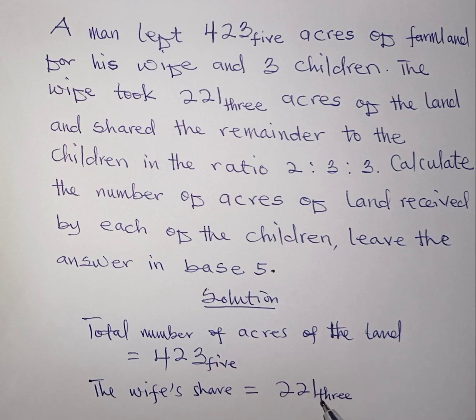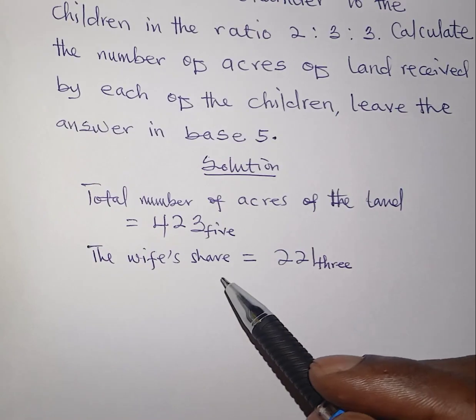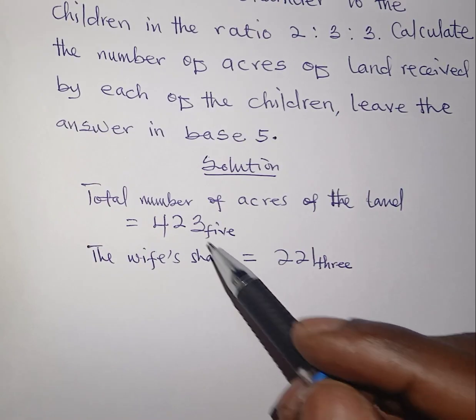But in this question, since the total number of acres of land is in base 5 and what the wife took is in base 3, before we can find the remainder, we need to make sure both the total and what the wife got are in the same base, so that we can find the difference.